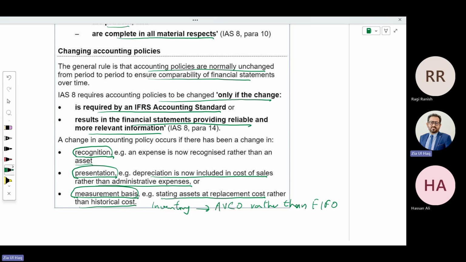That is also called measurement basis, meaning how inventory should be measured, not on average of inventory. It should be measured on a first in, first out basis. The units coming first in the storeroom should be sold first, should be out first. The units coming at the end should be included in the closing inventory figure.